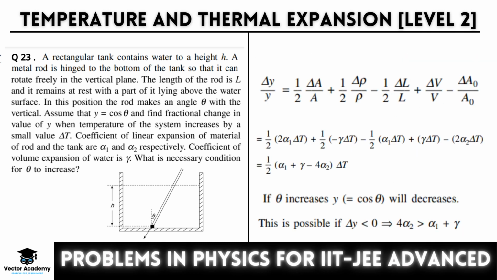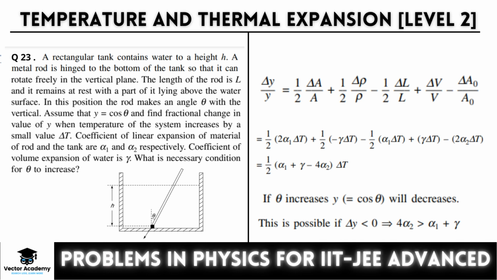By partial differentiation of y we get delta y upon y equals half delta A upon A plus half delta rho upon rho minus half delta L upon L plus delta Vw upon Vw minus delta A0 upon A0, which gives half of 2 alpha 1 delta T plus half of minus gamma delta T minus half alpha 1 delta T plus gamma delta T minus 2 alpha 2 delta T, which is equal to 1 by 2 (alpha 1 plus gamma minus 4 alpha 2) delta T. If theta increases, y equals cos theta will decrease.